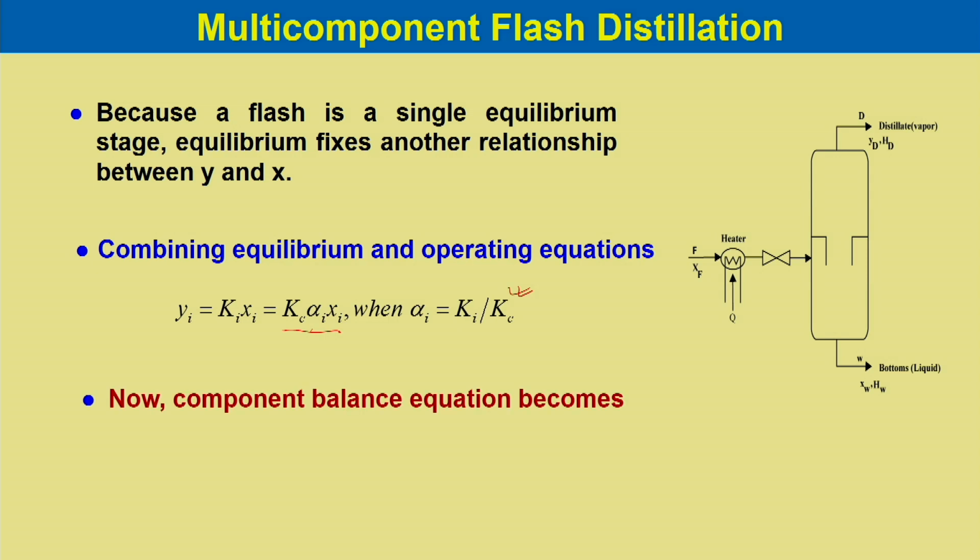So, now from the component balance equations we can write y i is equal to k C alpha i x i, which would be equal to (1 minus f) by f into x i plus x i f by f. So, this is equation 15.